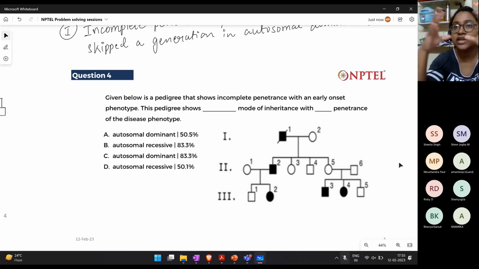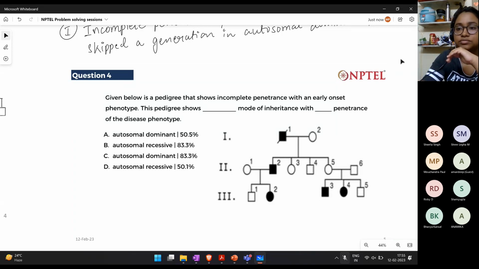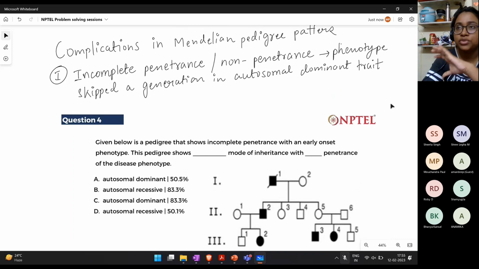So when this kind of thing happens, and you can see it within the pedigree, one generation after another, you can understand it if you write the genotypes. Right now you don't know exactly whether it is dominant or recessive.